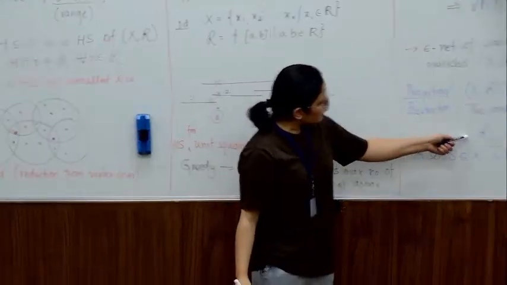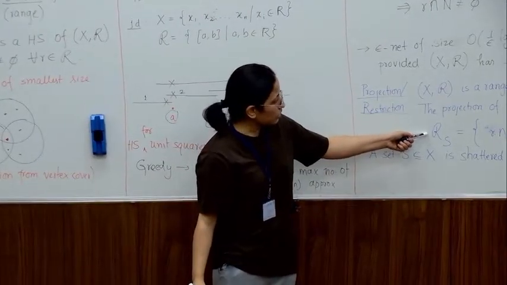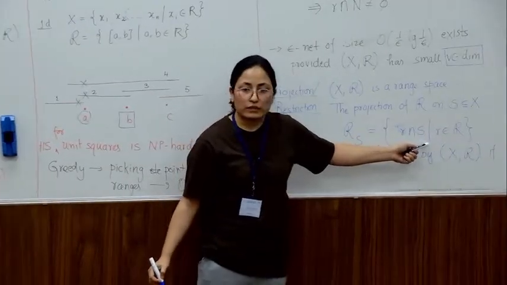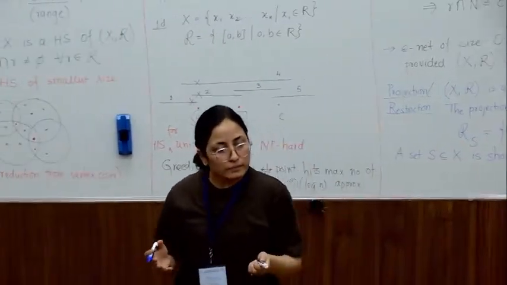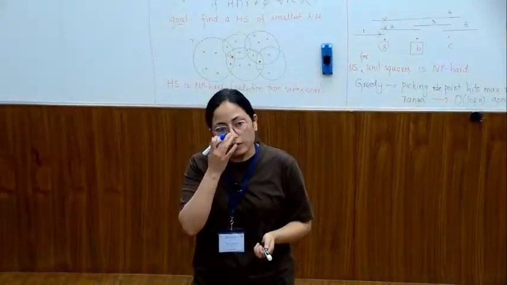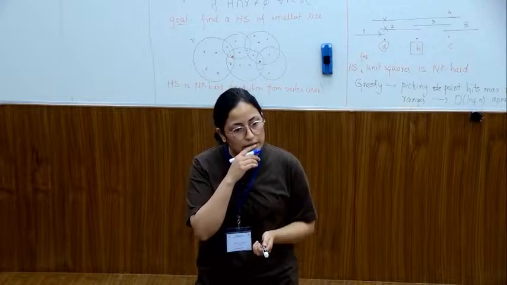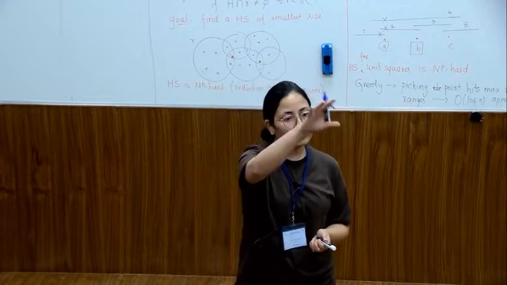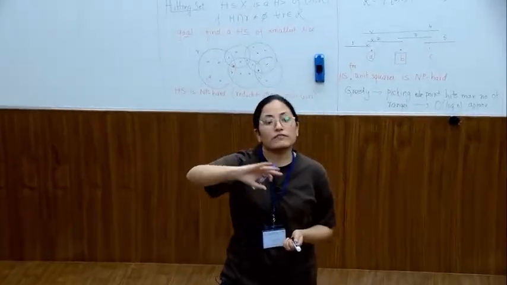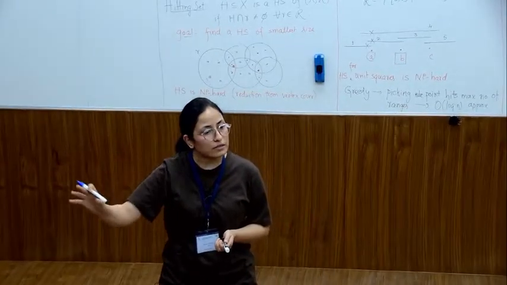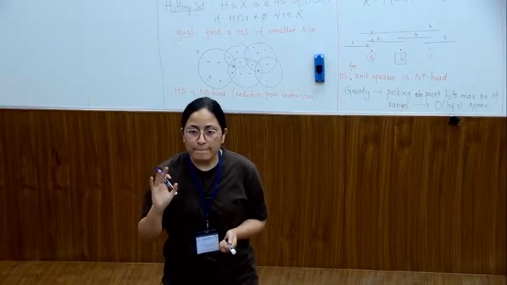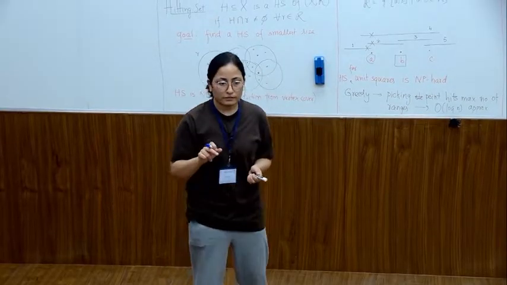If you look at the previous definition, the projection or restriction of R onto S, what are we getting out of it? We are getting subsets of S. R intersection S is a subset of S. Now I am interested in a set such that if I look at the entire range space and its intersection with this set, I am able to generate the entire power set of S. Then we say that the set is being shattered.